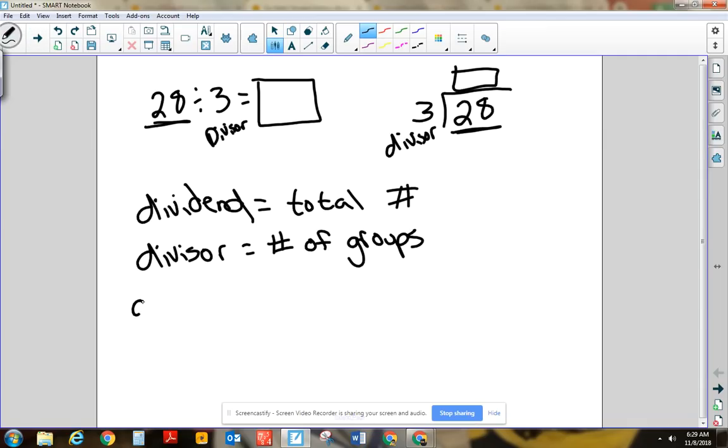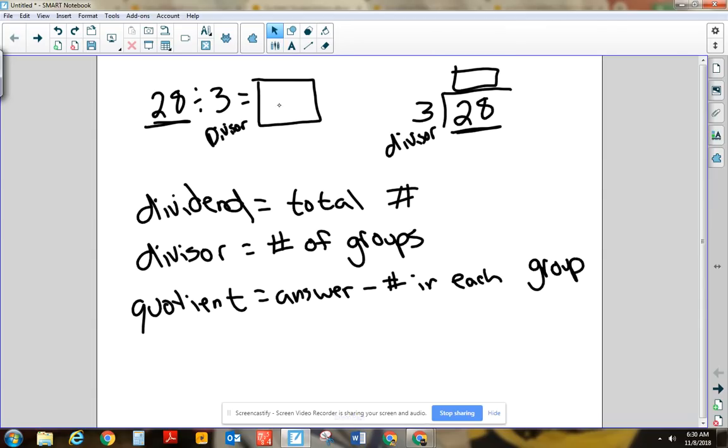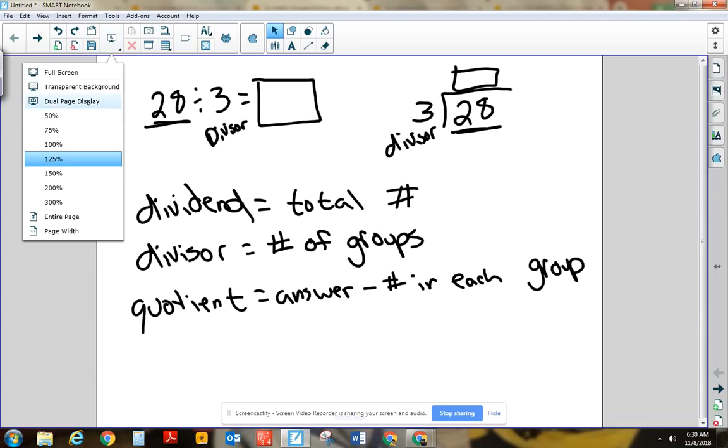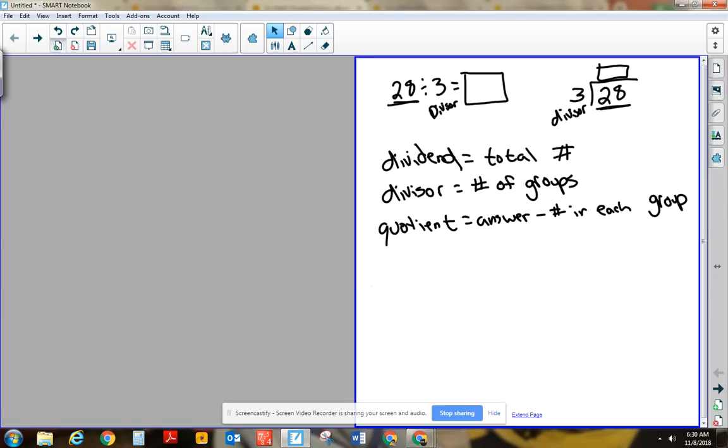Now, the quotient, we know, is the answer to a division problem. But this is really going to tell us the number in each group. The divisor goes here, and the quotient would go up here. So let's take a look at how we're going to solve this problem.